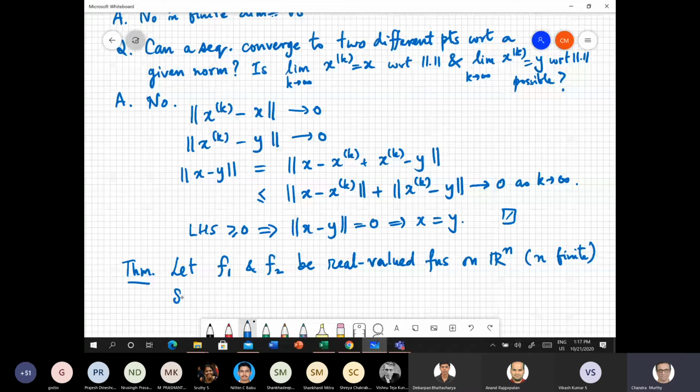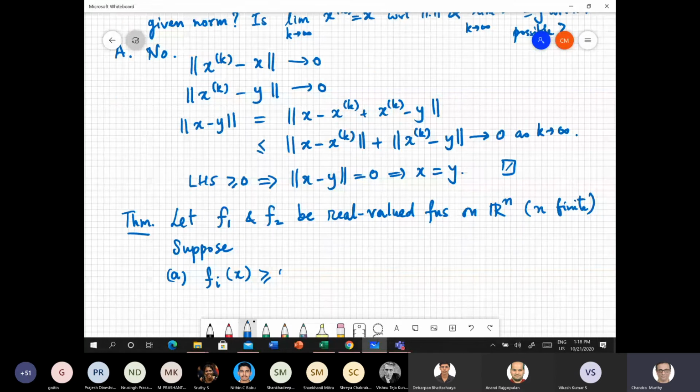three properties hold. First, Fi of x is greater than or equal to 0, and these we'll be replacing F1 and F2 with norms later on. This is true for every x in R to the n, and Fi of x equals 0 if and only if x equals 0.